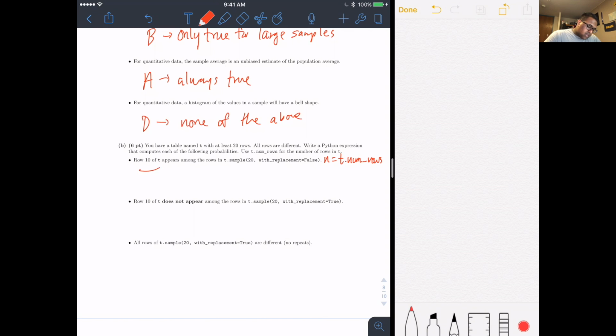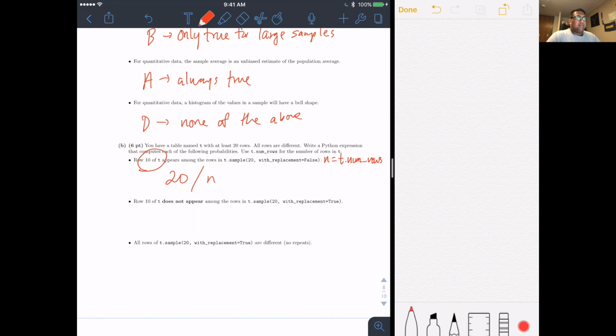What's the probability that row 10 appears in the first 20 sampled rows? Well, since we're sampling without replacement, essentially this is just picking 20 random rows from the table that has at least 20 rows. And what's the probability that row 10 is one of those 20? Well, there's 20 rows that we're selecting and n total. And that's just about it for this one.